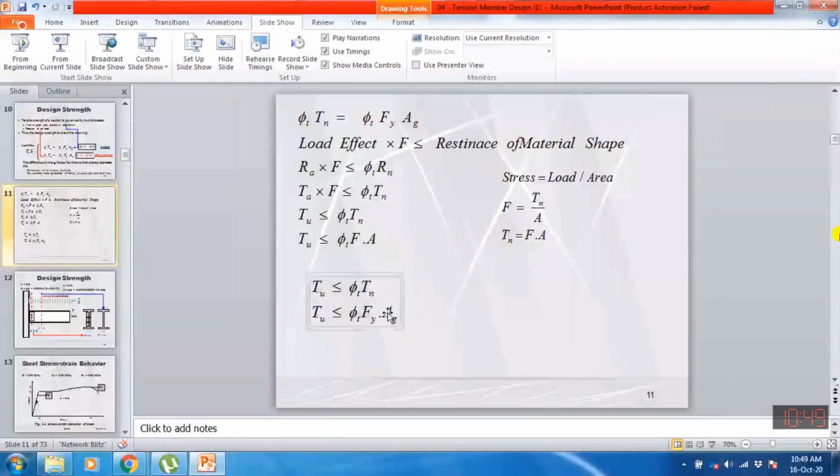So how have I derived this equation? Tu is the factored load or applied load, which should be less than or equal to the material capacity, or capacity of material which is having a certain cross section. So here I have considered the capacity in yielding at gross area. So here I can modify this equation again. So this equation will be like this.